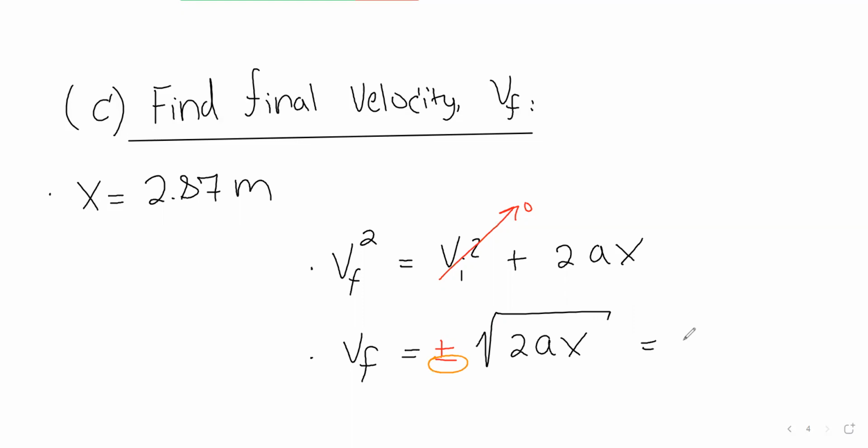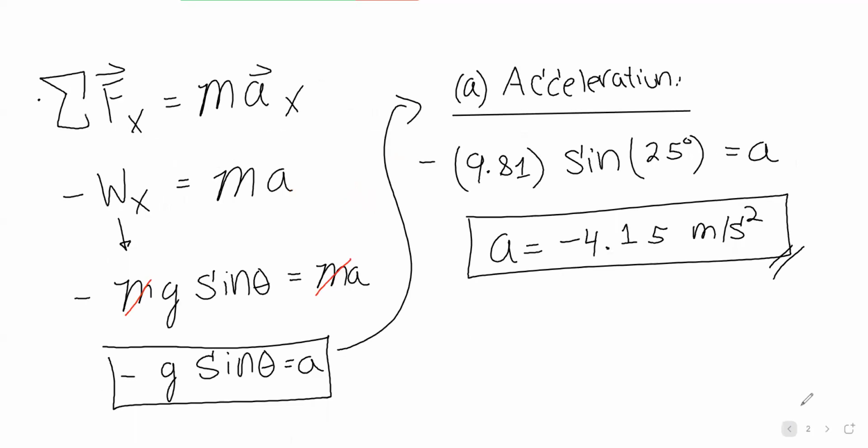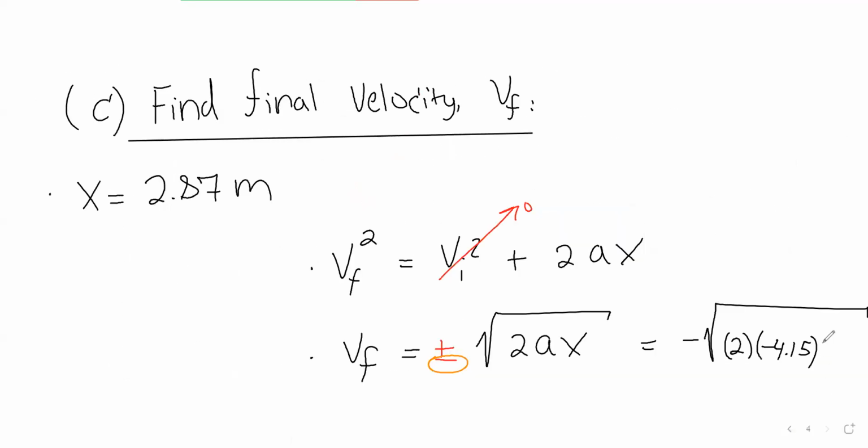So again, this is going to be negative square root 2a, which is negative 4.15, and then x was given to us as 2.87 meters. Oh, and this is down, so we can interpret that as a negative 2.87. So that way we get the square root of a positive number.